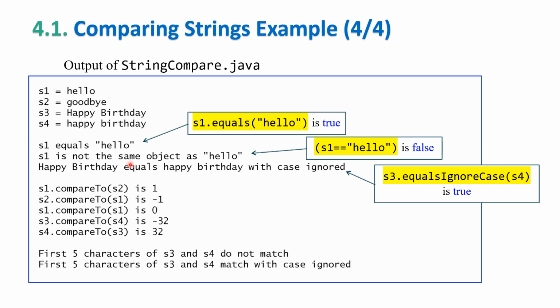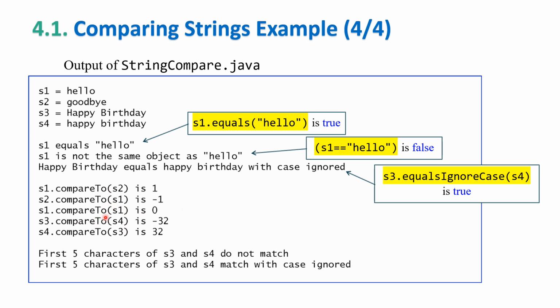So here you see that even though S1 and the string literal "hello" have the same content, the equality operator == between them still returns false, which means that they are not the same object. The output line starting with "Happy birthday" was displayed because the call S3.equalsIgnoreCase(S4) returns true.